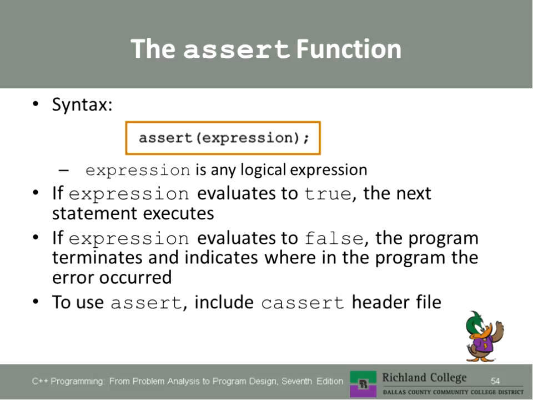How do we use the assert function? You have the assert function name, and then you put in the expression. If the expression evaluates to true, the next statement executes. If the expression evaluates to false, the program terminates and indicates where in the program the error occurred. So in order to use assert, you need to have cassert included.